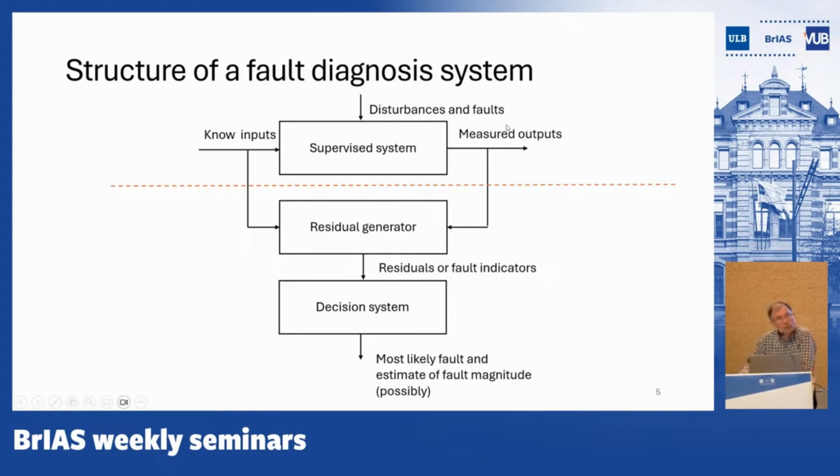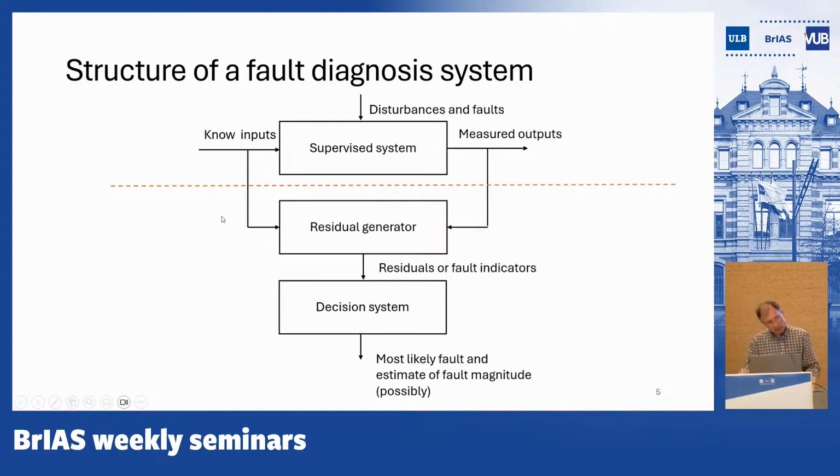And the faults are also unknown. And so what we want to achieve is being able to detect and determine when the behavior of our system is not anymore normal from what is available, namely the known inputs and the measured outputs.